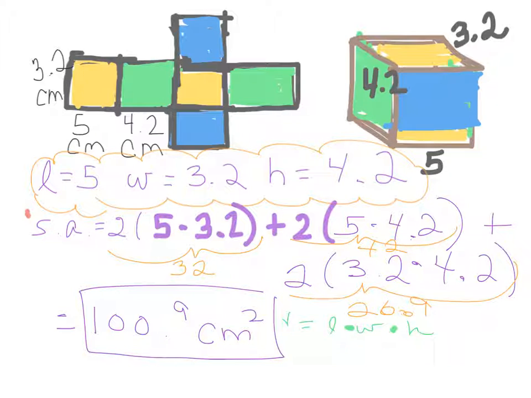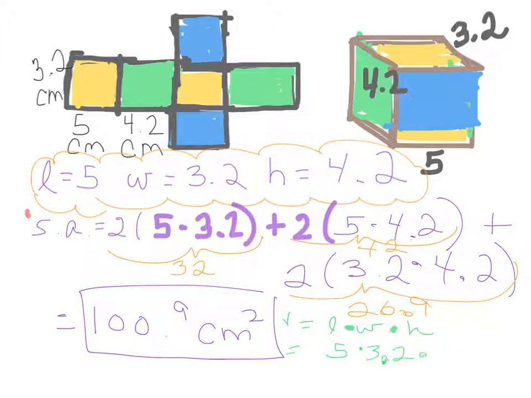Okay, so I'm just going to substitute in the same numbers that I used in my surface area formula into my volume. So my length is going to be 5. Okay, my width is going to be 3.2, so I'm going to put that right here. 3.2. And my height is going to be 4.2.